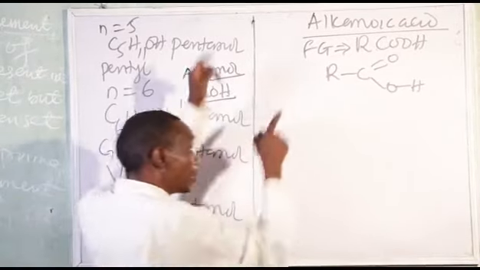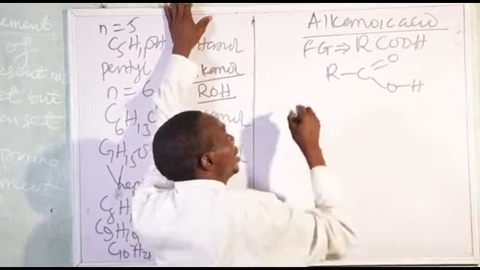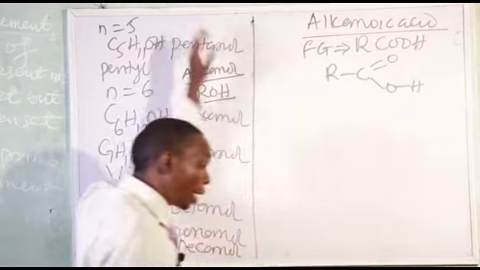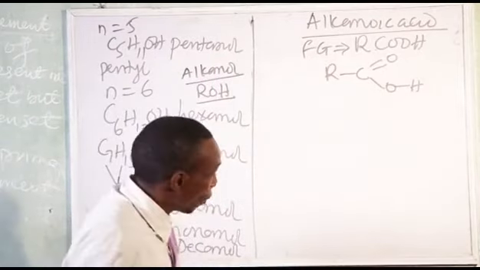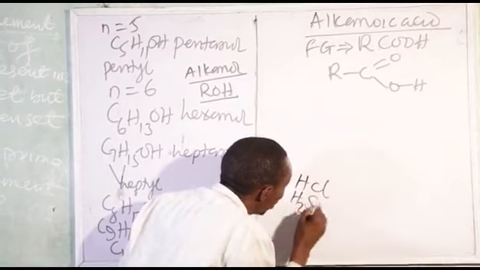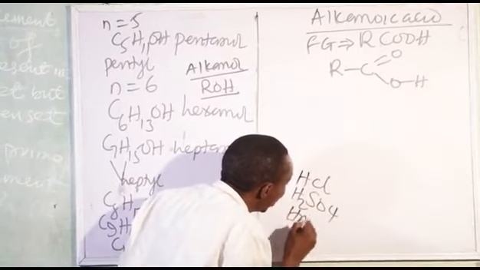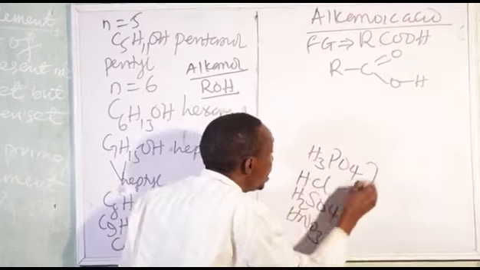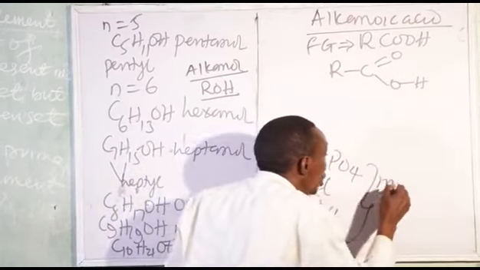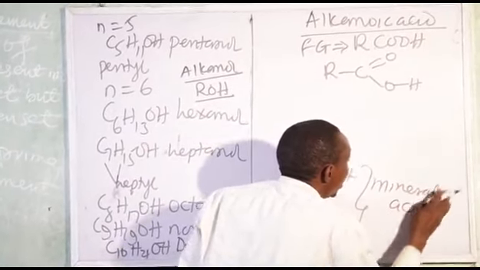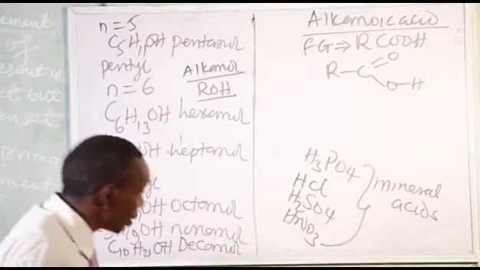Let me tell you the chemistry behind this alkanoic acid. Our mineral acids belong to inorganic chemistry. Our HCl, H2SO4, HNO3, H3PO4, they are all mineral acids, acids you get from the reaction between mineral elements.